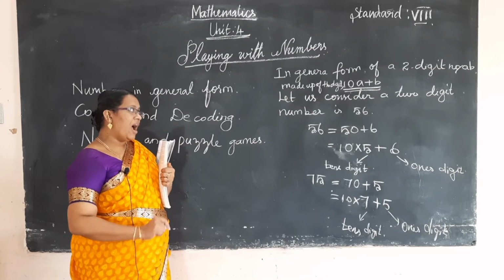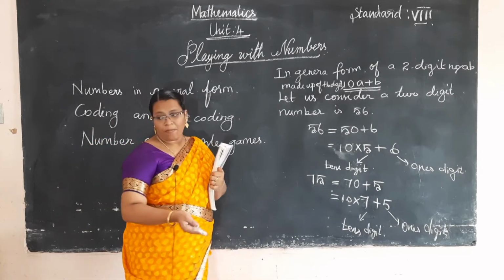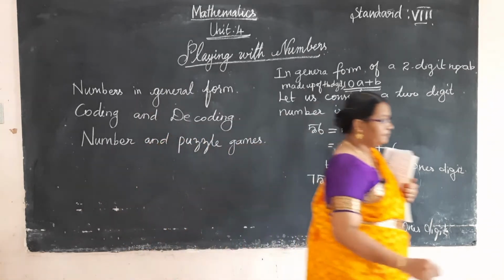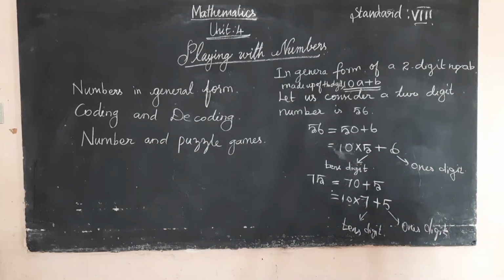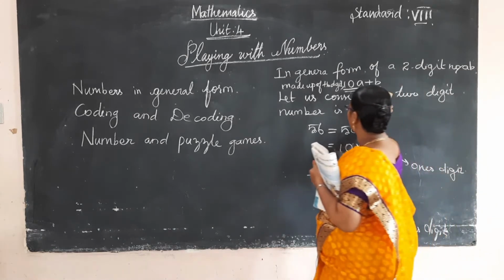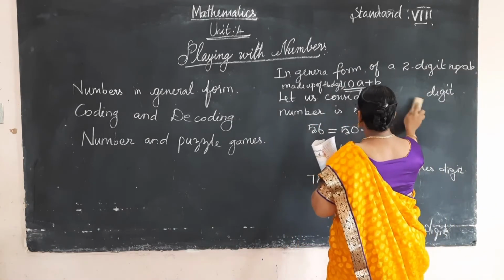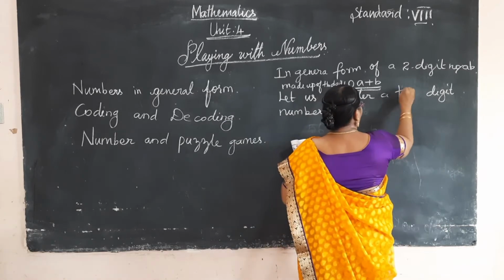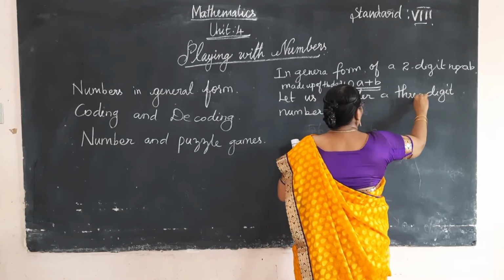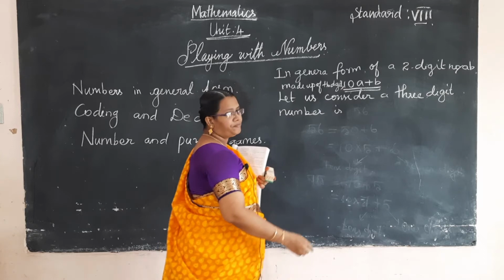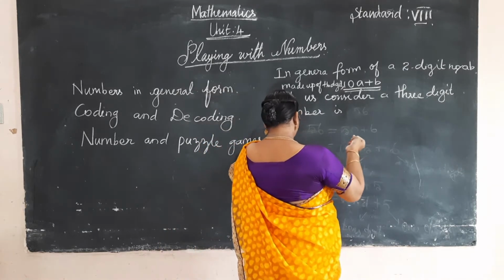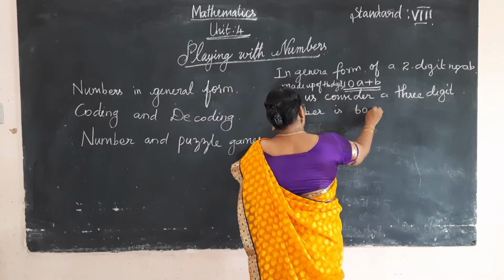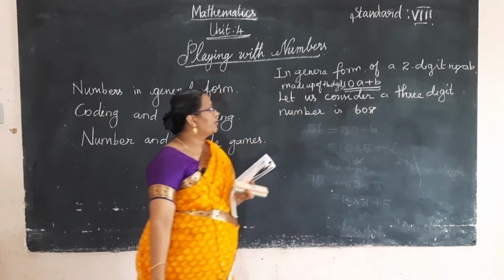Now we have considered the 3-digit number. Let us consider the 3-digit number. Say any one of the number. Okay, 608.